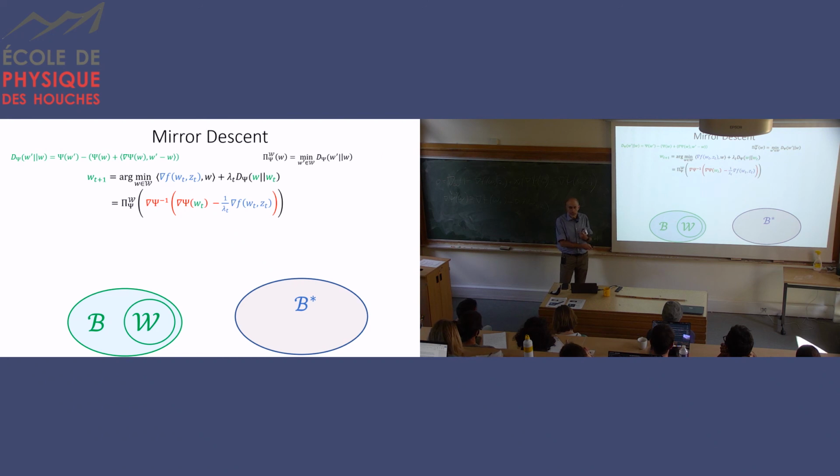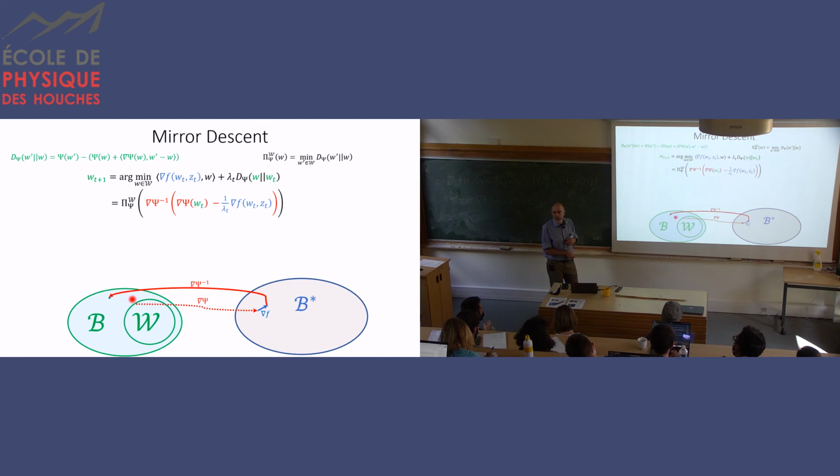So what we're going to do is map our current iterate to the dual space. You can think of this gradient of psi as a link function that maps from the primal space of iterates to the dual space. Once we're in the dual space, we can now add the gradient, or rather subtract the gradient. Then we're going to use the inverse link function to map back to the primal space.